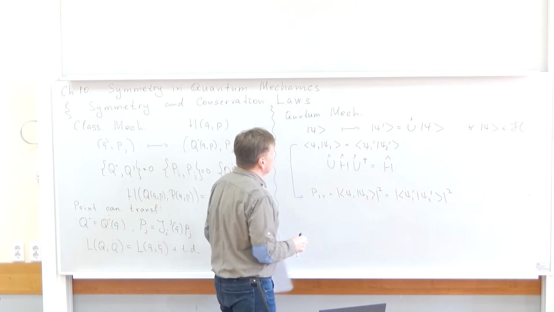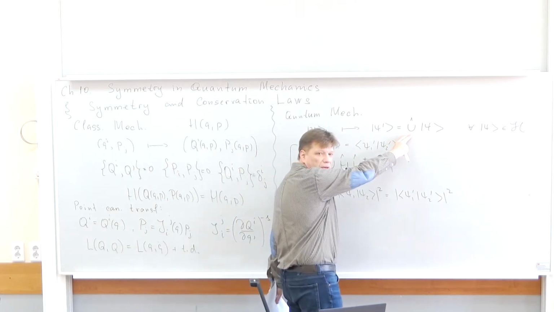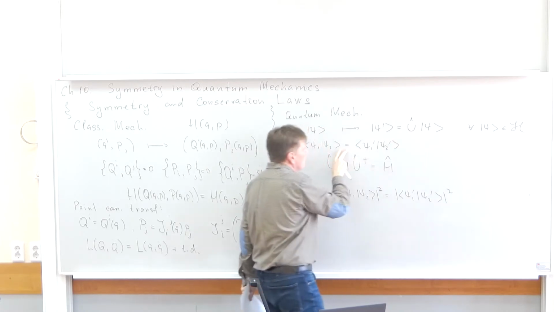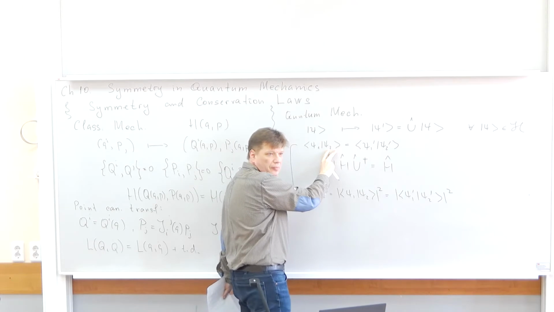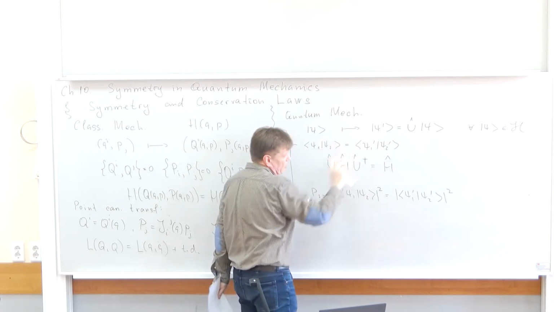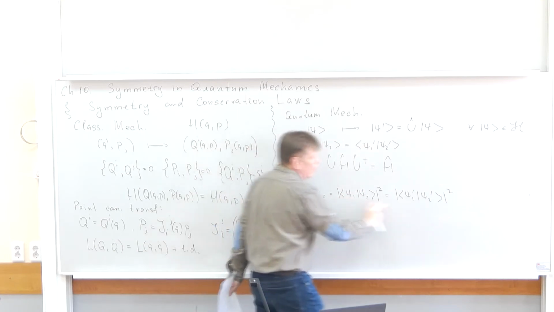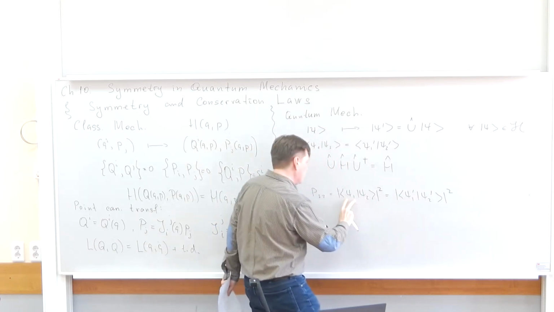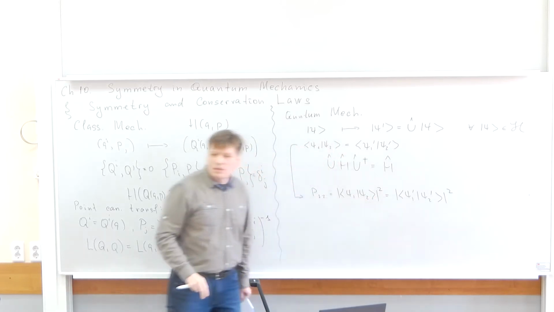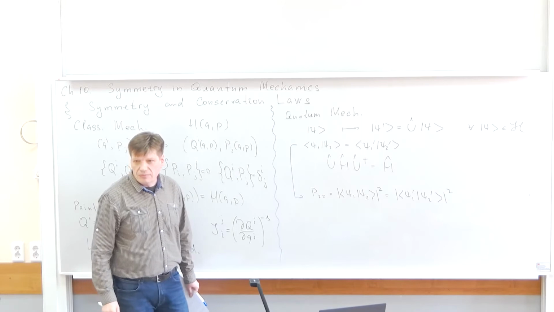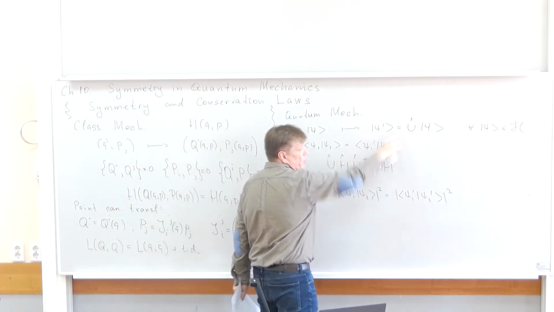Conversely, if we start with some linear operator U that preserves all inner products, or what is the same, which preserves the probabilities of transitions, then we can deduce that this operator is unitary.